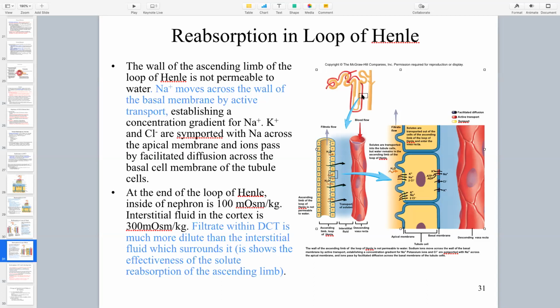Now, what we see is this. When we give somebody a loop diuretic, we block these pumps and these pumps. As we block these pumps, what happens? When we block the pumps on the ascending limb, we no longer concentrate that interstitial space. Why not?